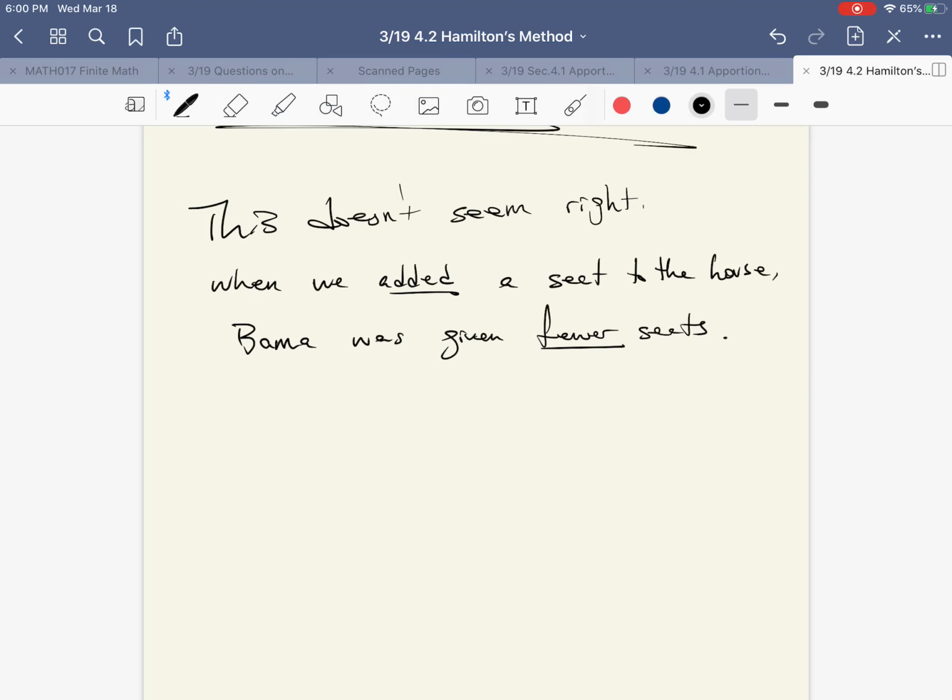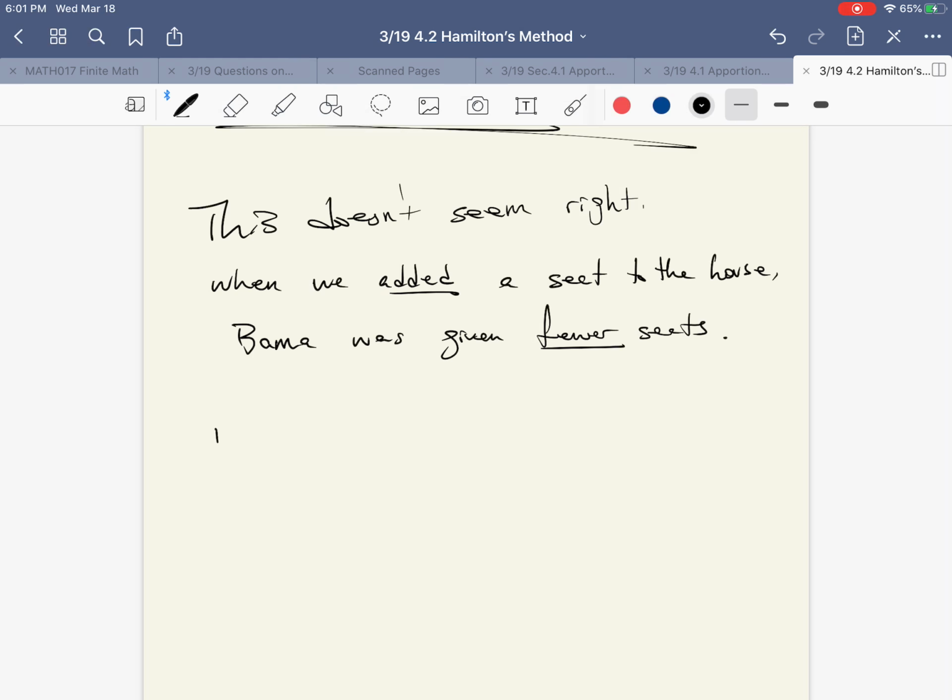The reason for that is that this method is just a bit deceitful. It seems like it's perfectly fair, but the method actually relies entirely on the residues, on the fractional parts. But the fractional parts aren't the most important. What's actually quite important is what those residues represent as a percentage of the state's population. So a state with a high residue but a low population, that fractional part actually makes up a larger proportion of that state's population.